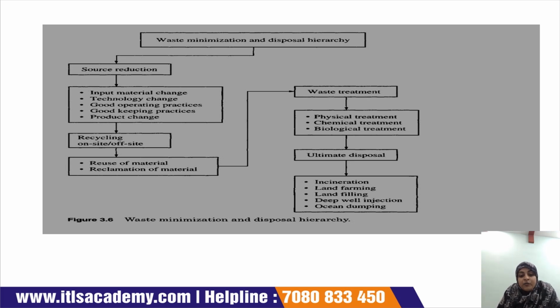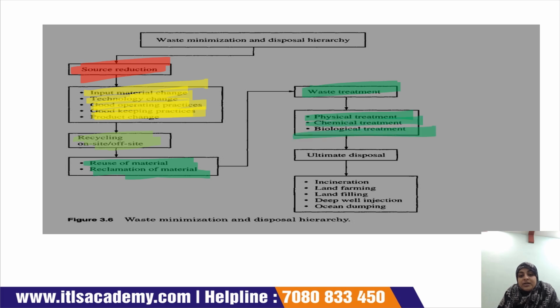First of all, we have to do source reduction. Then we have input material, technology changes, good operating practices, good housekeeping practices, and product change. Then here it is recycling, on-site or off-site, then reuse of the material and reclamation of the minerals. Here the waste treatment is done by a physical method, chemical method, or biological method.